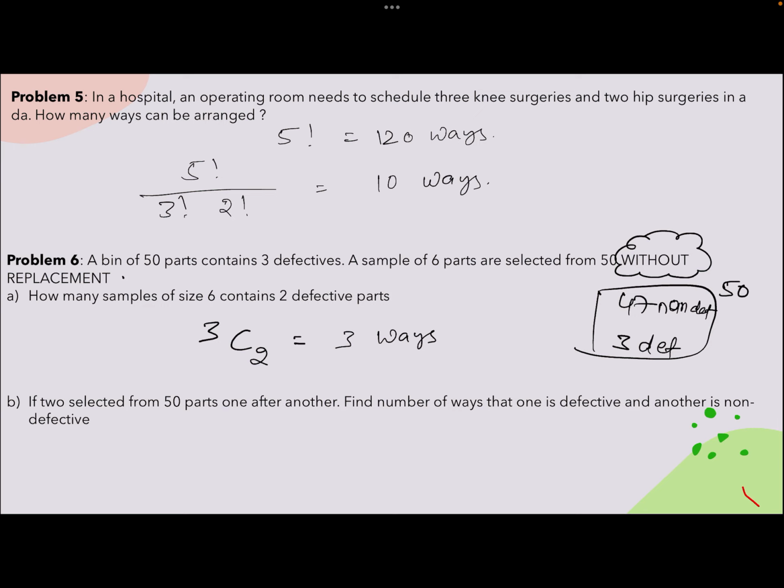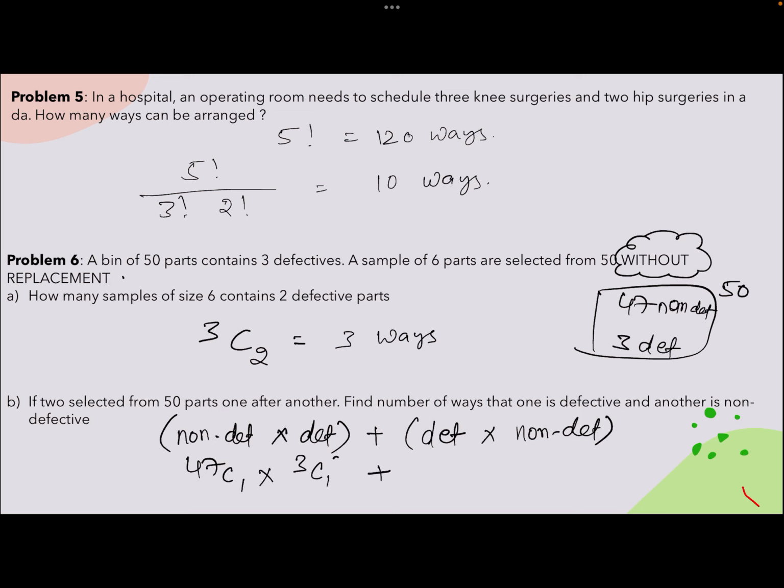For example, if in the first selection I take non-defective, then I should take defective. Or first I take defective and then non-defective. So 47C1 into 3C1, or 3C1 into 47C1. Total 282 ways. That's it.